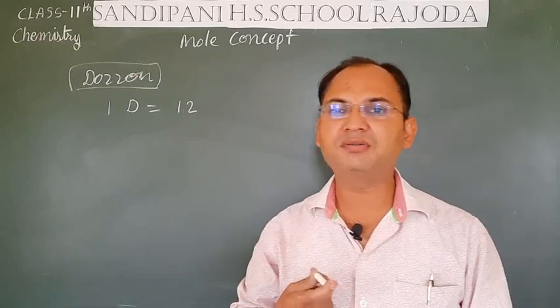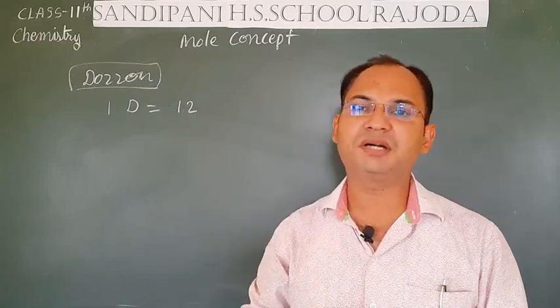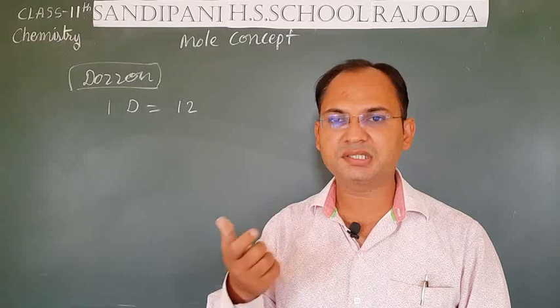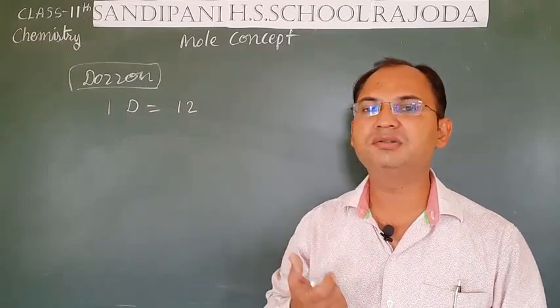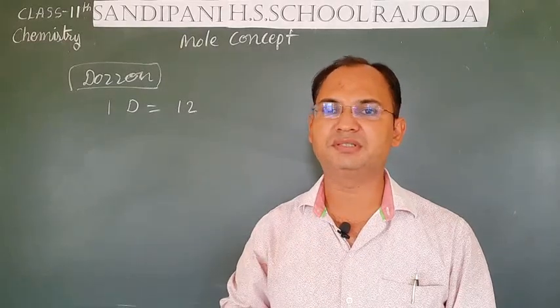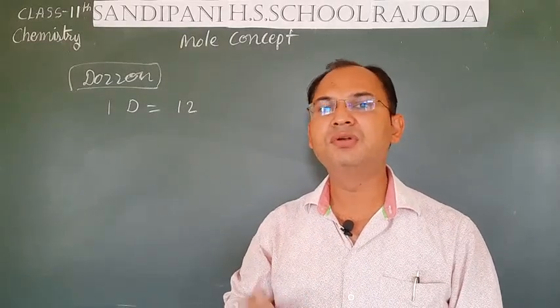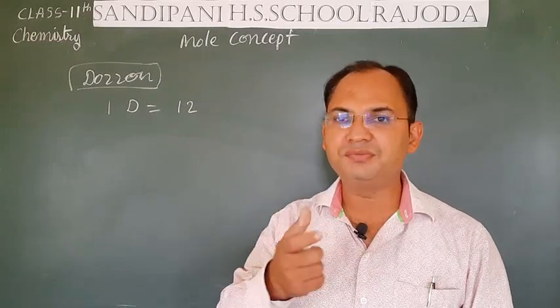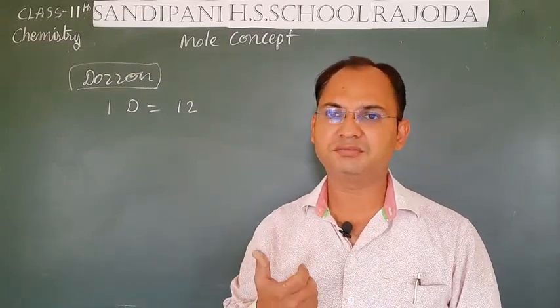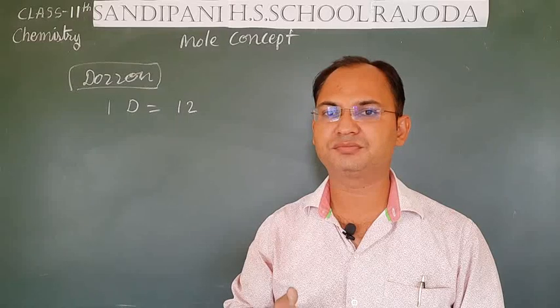But if we talk about microscopic particles, just like atoms, ions, molecules, then it is not possible to count them one by one. So we use a number which is very large in counting. That number is called mole.